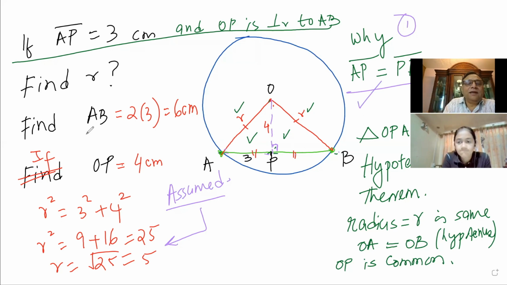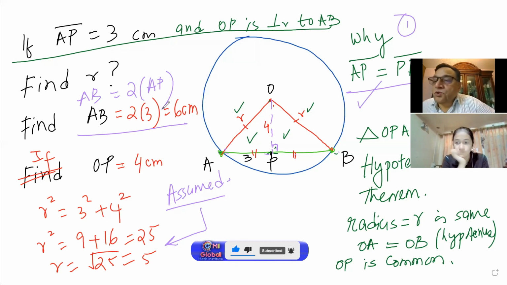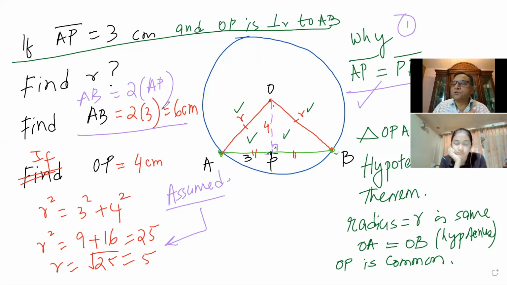And then you will say AB is equal to 2 times AP, right? And then you will get the answer. You get the idea? When you are given a question, we can jump to the solution.